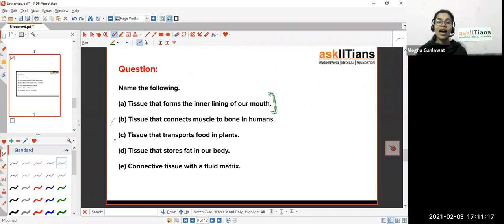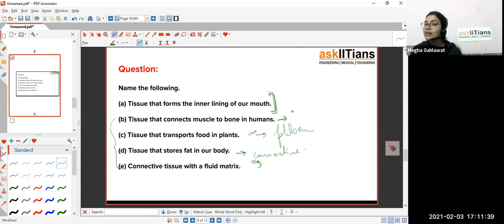For example, transport food in the plants is the phloem. Storing fat in the body comes under the connective tissue with the fluid matrix, which will be covered in the next session. And the one which connects bones to the muscles, remember when I told you about tendons and ligaments?